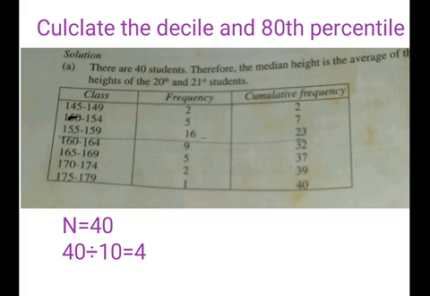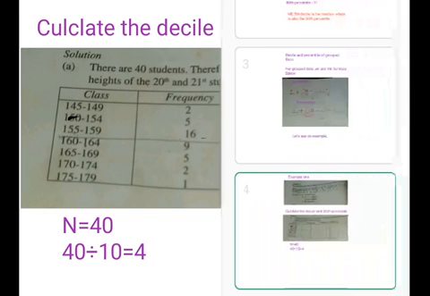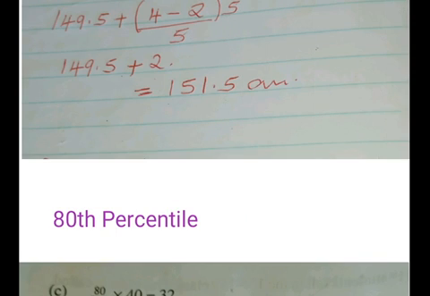So the 32nd student belongs to that class. So that's the class we are going to use. We'll take the lower class limit of that class, which is now 159.5. Remember, we are taking 160 minus 0.5.